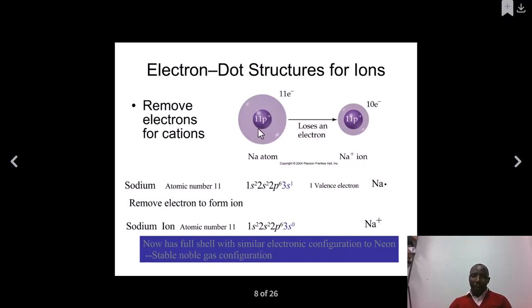Inside we have positive 11 protons and negative 11 electrons. It means the result is 0. That is before losing. After losing, you have 11 protons and we remain with 10 electrons. If you make the difference, we remain with positive 1. This is the illustration: on this side we have sodium positive after losing 1 electron.